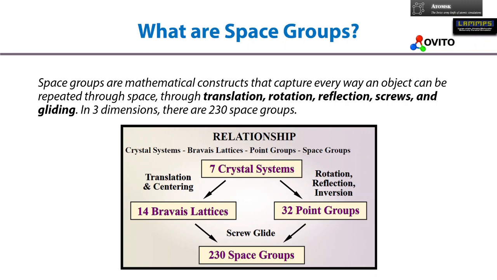That means you are repeating the structure by a rotation of 90 degrees. So this is a symmetry operation, and this is one particular space group for that structure. I hope you have an idea about what a space group is and what a symmetry operation is.